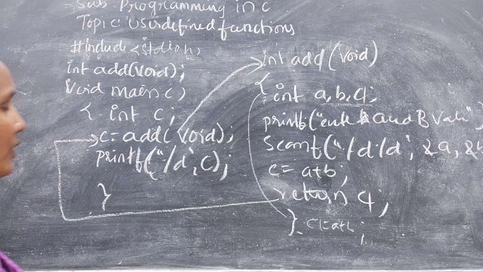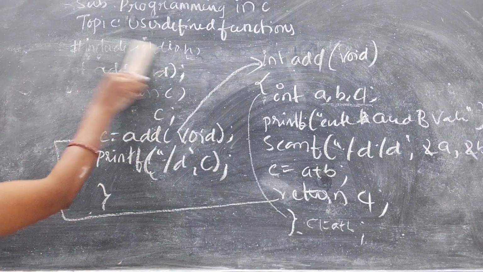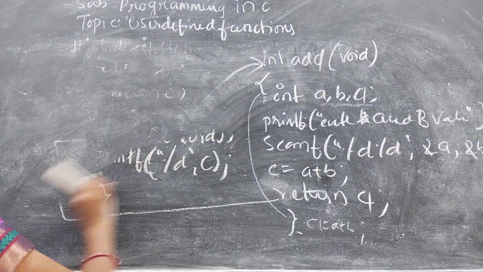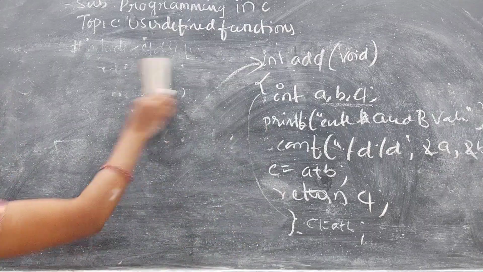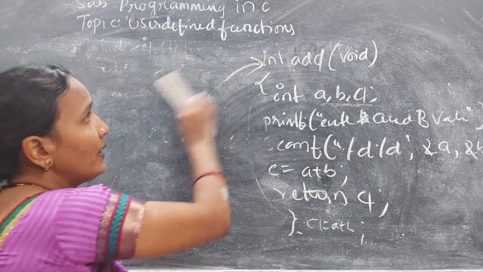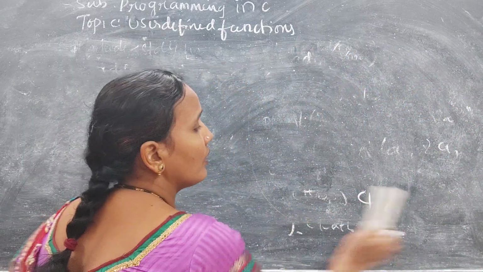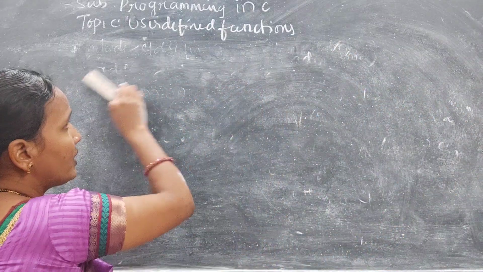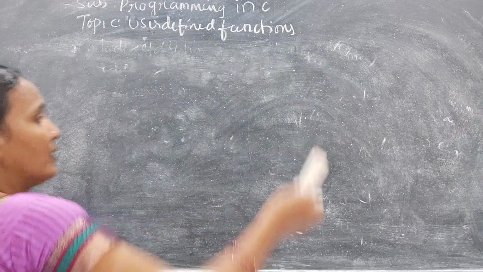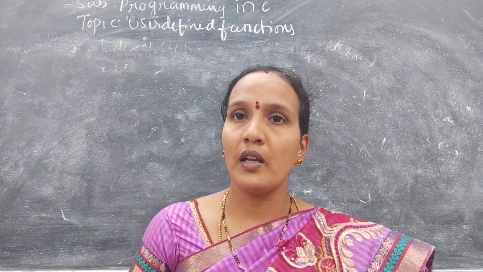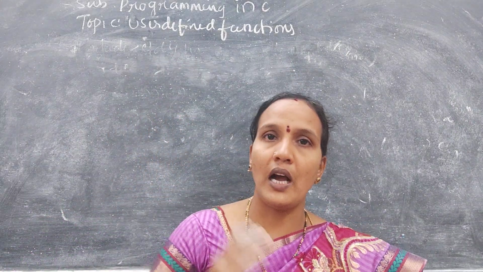So what are user defined functions? The functions which are created by the user. When the user wants to create a user defined function, he has to give 3 elements. The first one is a function prototype, where you give the name of the function, the return type of the function, and the arguments of the function.